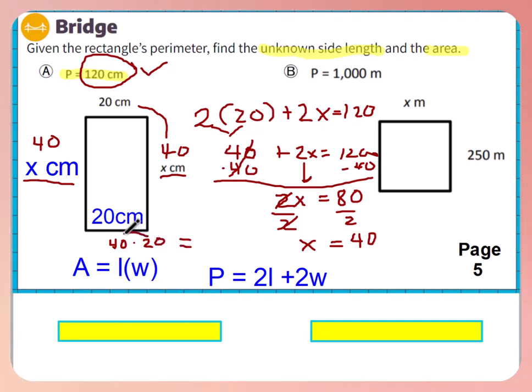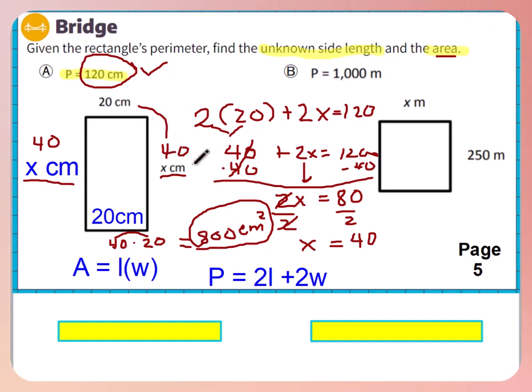Four times 2 is 8. And then we have 2 zeros. So 800, area is square units. Our units are centimeters, so our answer is 800 centimeters squared for area.